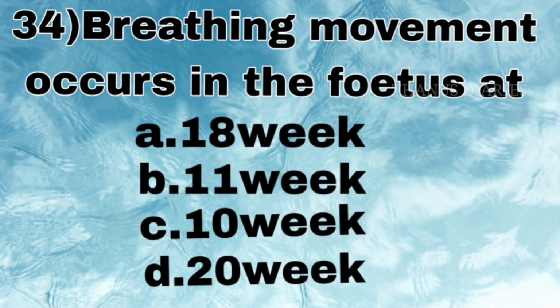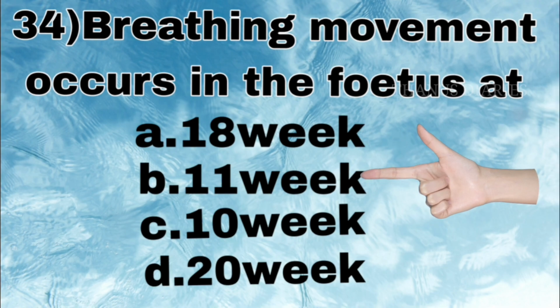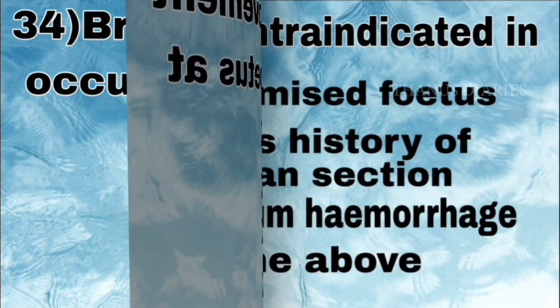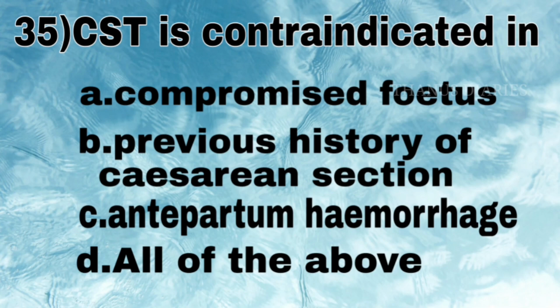Breathing movement occurs in the fetus at 18 week, 11 week, 12 week, 20 week. Answer is 11th week. Next question, CST is contraindicated in compromised fetus, previous history of cesarean section, antepartum hemorrhage, all of the above.